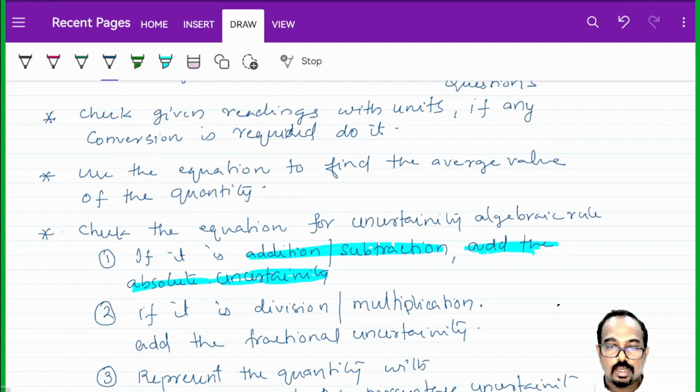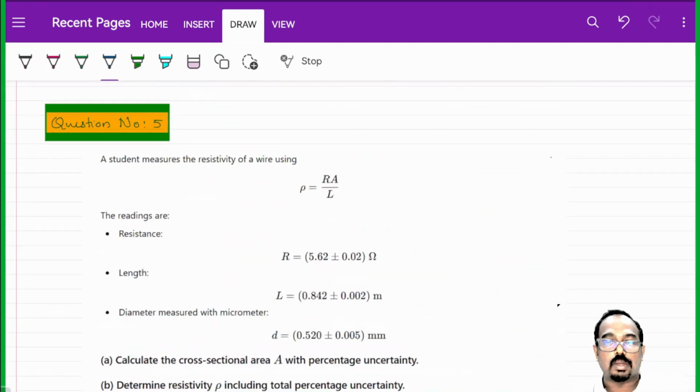If addition or subtraction is there, you will add the absolute uncertainty. And if division or multiplication is there, you will find the fractional uncertainty or percentage uncertainty. And finally, you will represent the quantity with the average value plus or minus absolute uncertainty or percentage uncertainty. Clear? So you remember this procedure and try to solve this question by yourself and comment your answers.